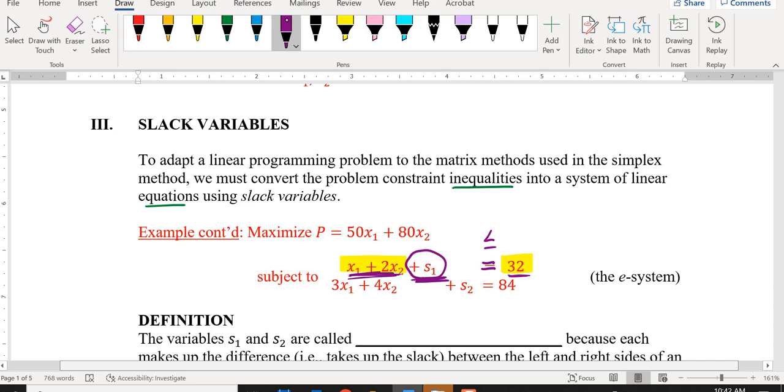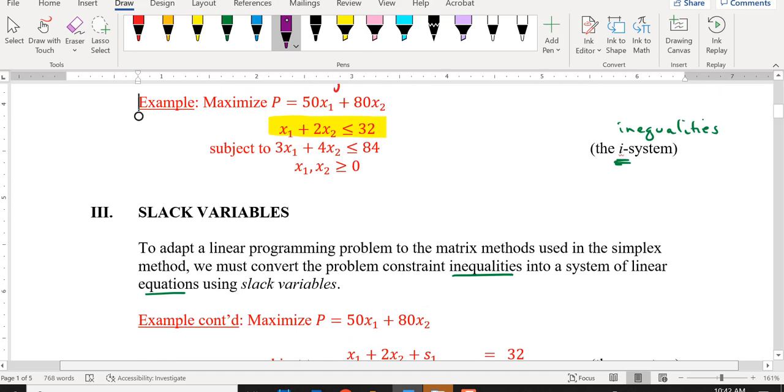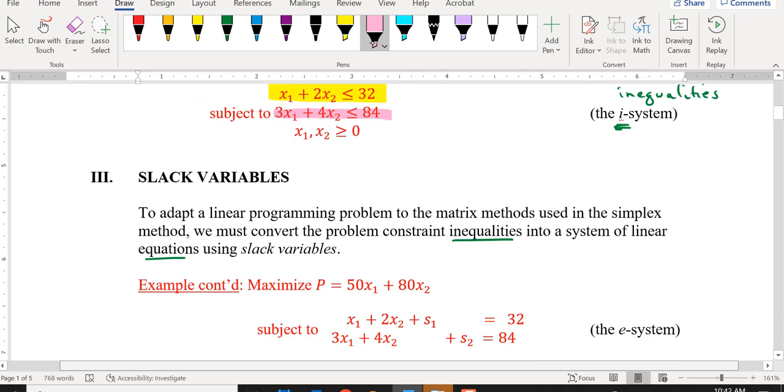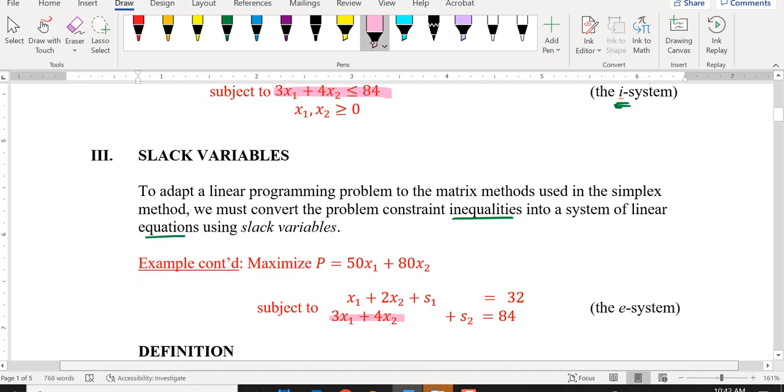Doing it the same way for the second inequality down here, you're going to say 3x1 plus 4x2. In order to get equals 84, you've got to introduce a second slack variable. So for each inequality, you introduce a slack variable and turn it into an equation. Got it? All right.